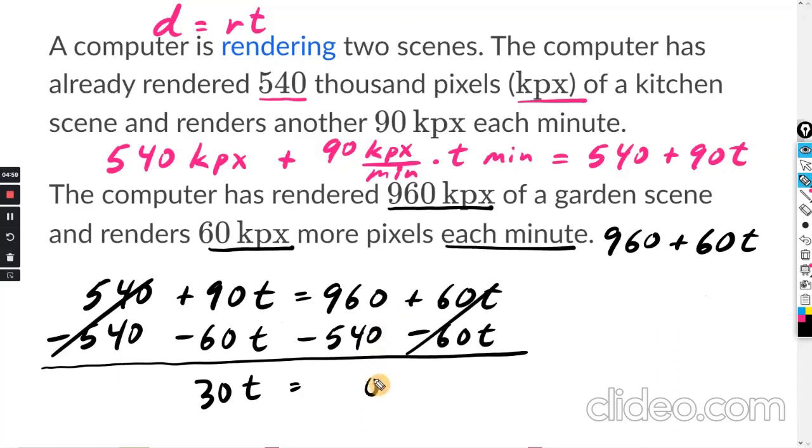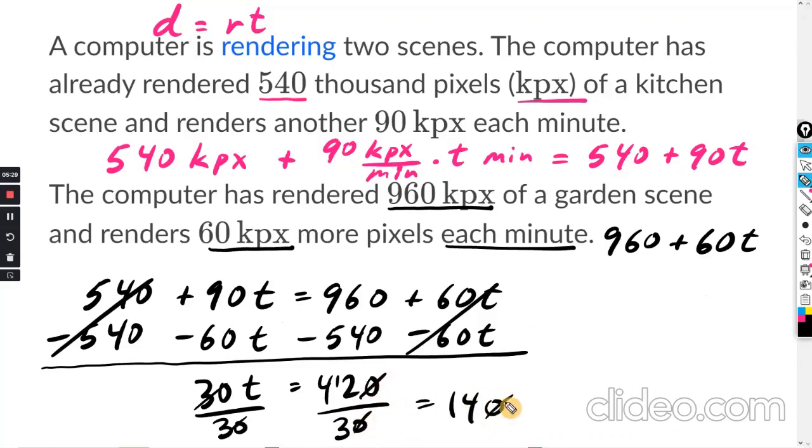960 minus 540 is 420. Okay, this is t times 30. The opposite of times 30 is divided by 30. And it cancels here. 3 into 4 goes 1 time, carry the 1. 3 into 12 goes 4 times, and then this 0 cancels.